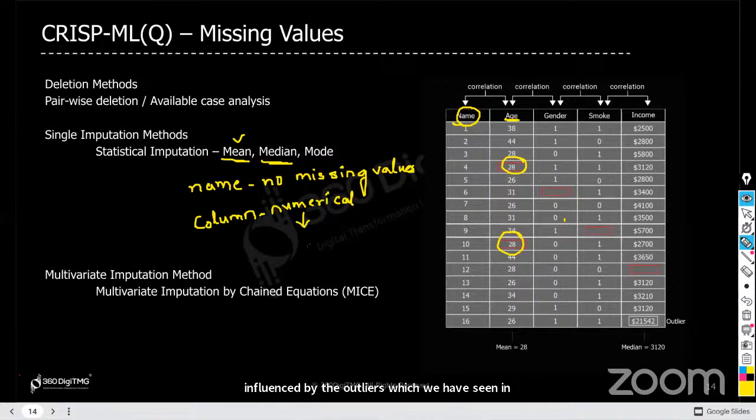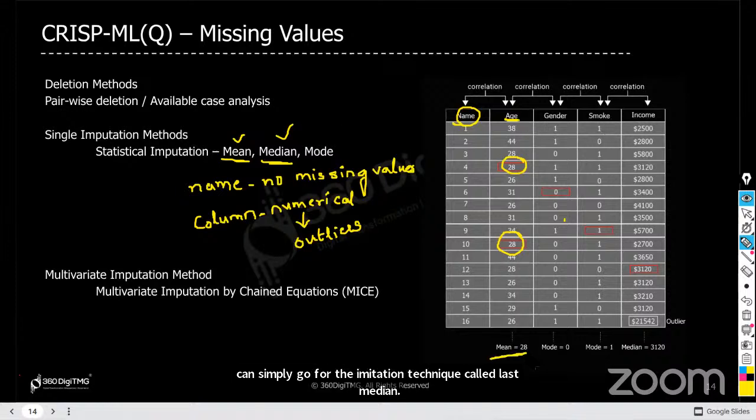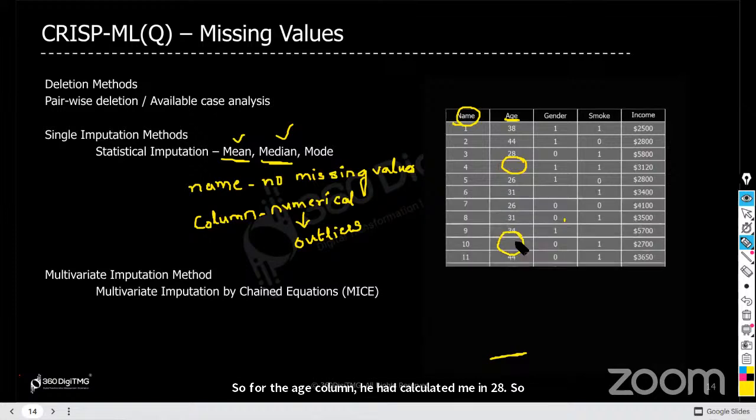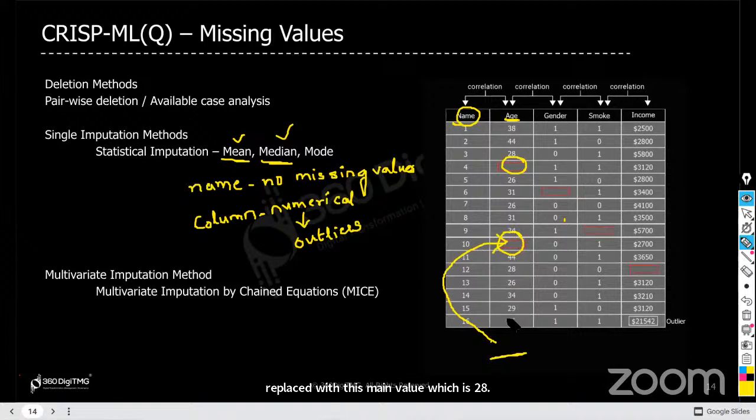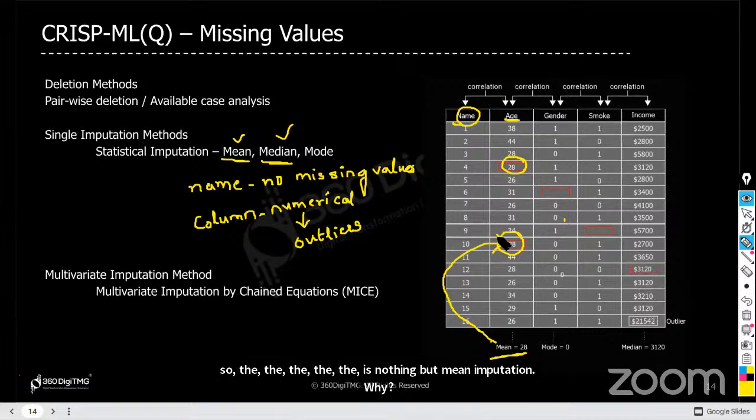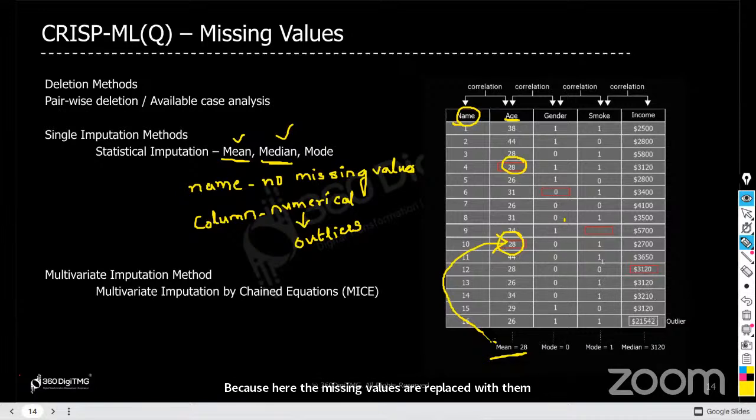So when your numerical column has outliers, you can go for the imputation technique called median. For the age column, he had calculated the mean as 28. Wherever the missing values are there, they will be replaced with this mean value, which is 28. This imputation is nothing but mean imputation, because the missing values are replaced with a logical value, that is the mean value.